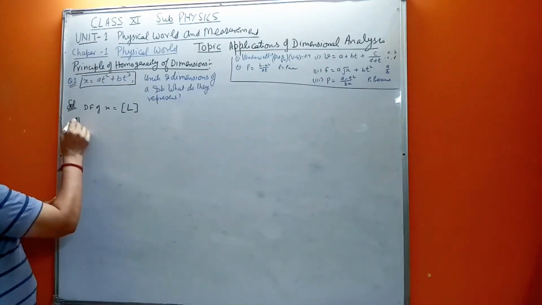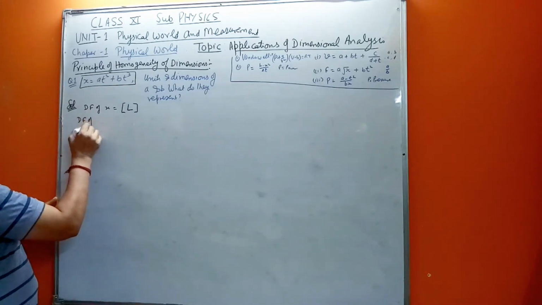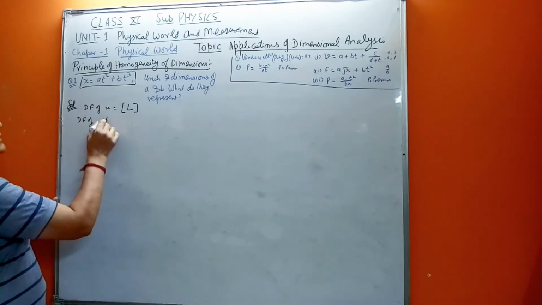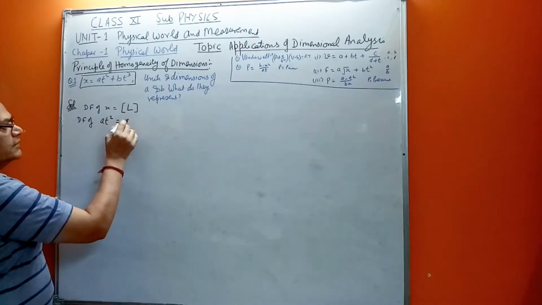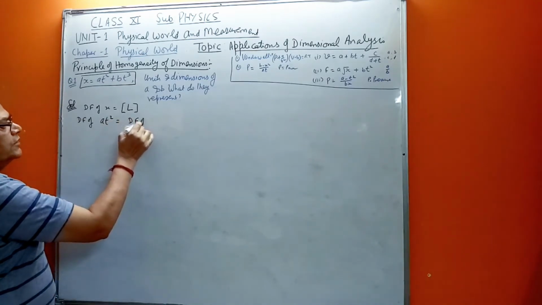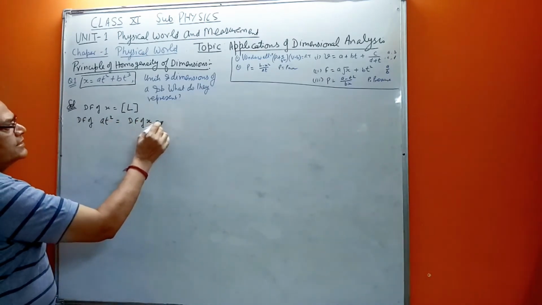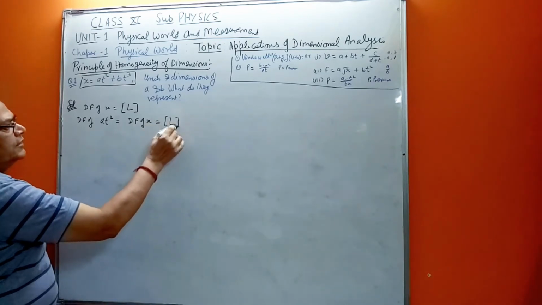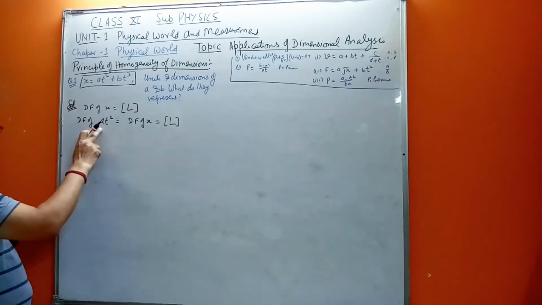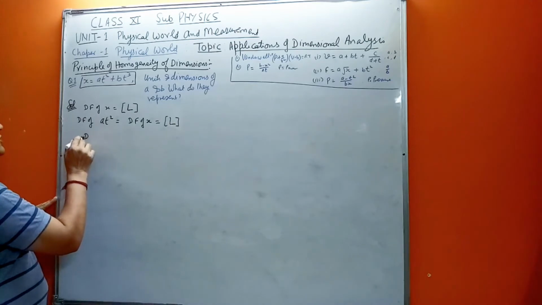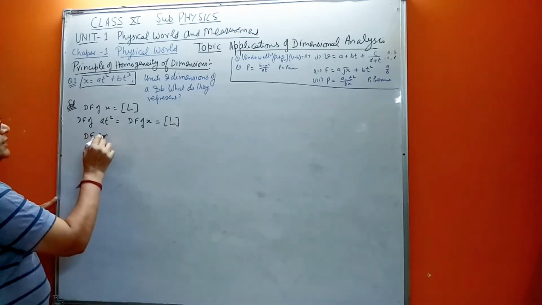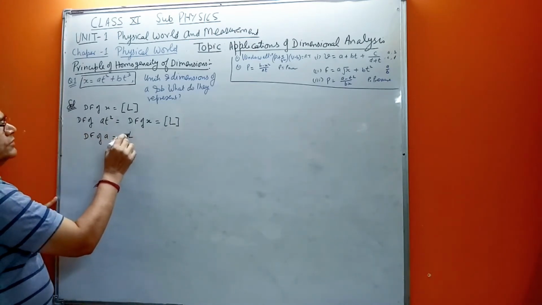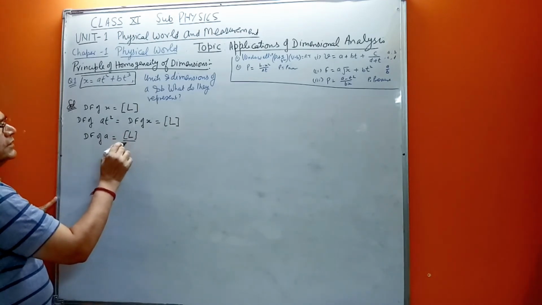So the dimensional formula of at square will be the dimensional formula of x, that is L, but we are supposed to find only a. Therefore the dimensional formula of a will be L upon t square.